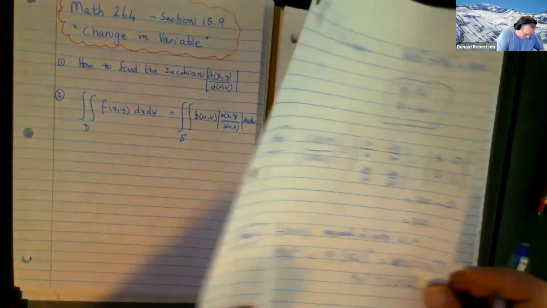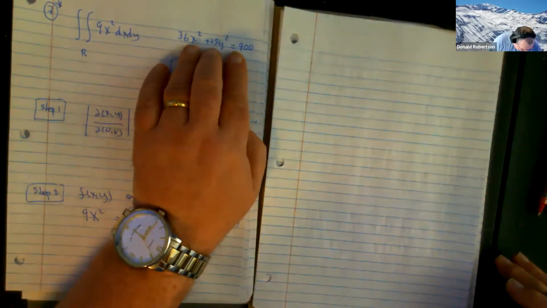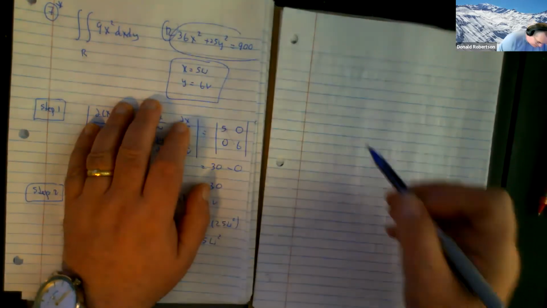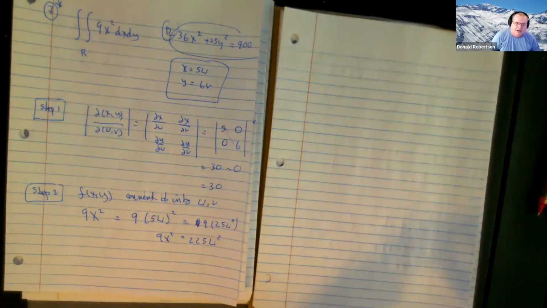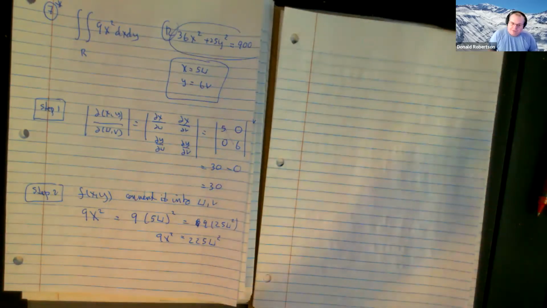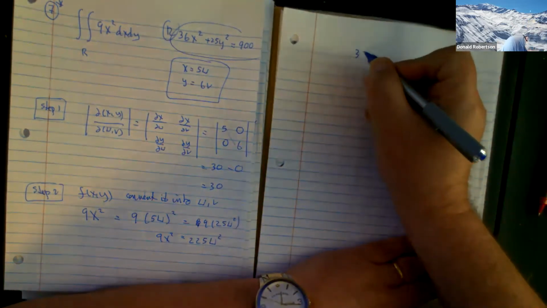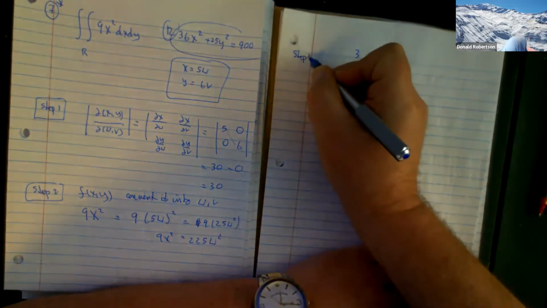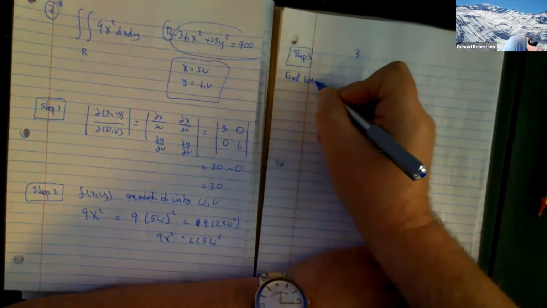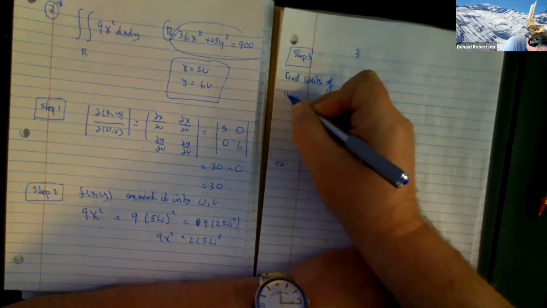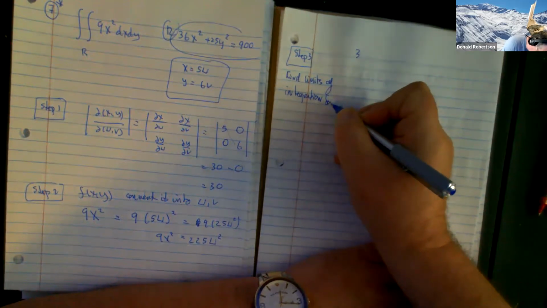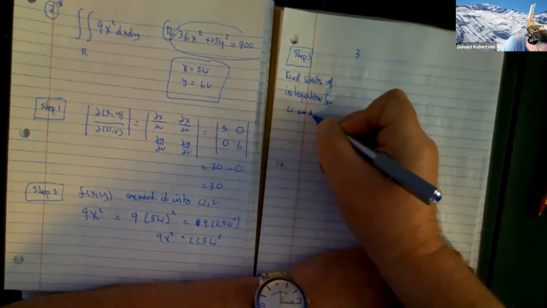Now, I'm going to take the region R, which is basically this, and I need to convert this into limits of integration using u's and v's. So I'm going to start, I guess I should call that step 3, which is find the limits of integration for u and v.